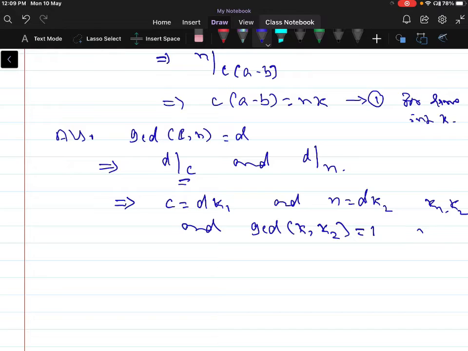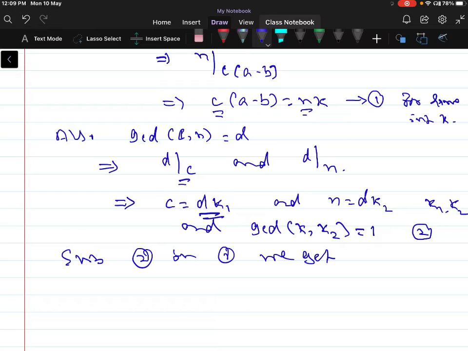So let us call this equation number 2. Now substituting equation 2 in 1, where C is equal to D into K1 and N is equal to D into K2.